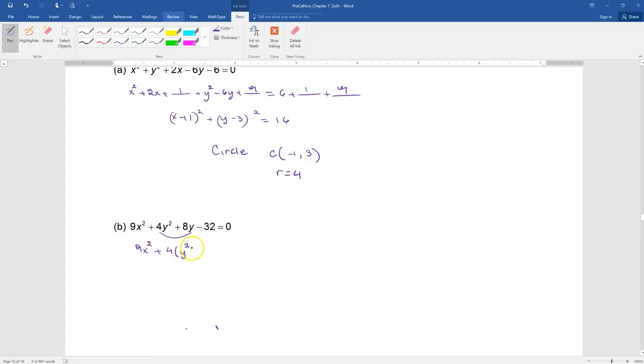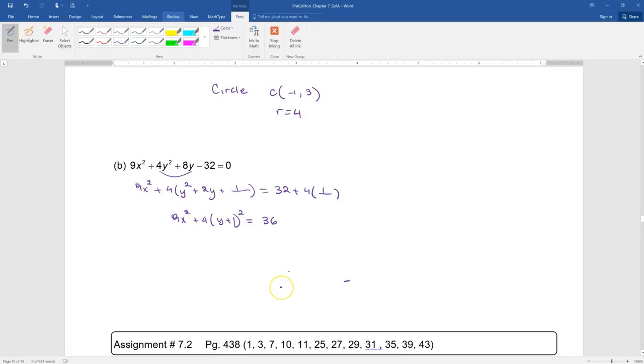And we get y squared plus 2y plus a number is equal to 32 plus 4 times a number. In the blank, you get a 1, and here you get a 1, so technically it is a 4. So here, 9x squared plus 4 times y plus 1 squared is equal to 36.